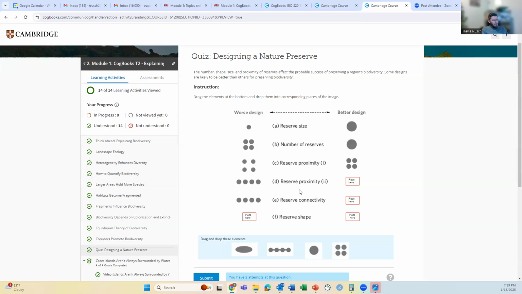All right, what about D? Reserve proximity again. Second from left. So you're saying this one? Yep. So the proximity would be the distance, that would be the same, right? Because they're the same distance away from each other. So the one off, bottom right.